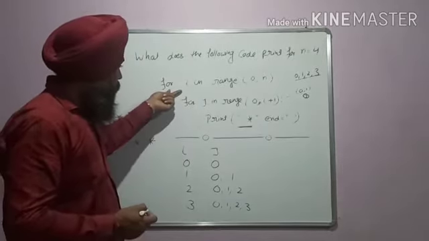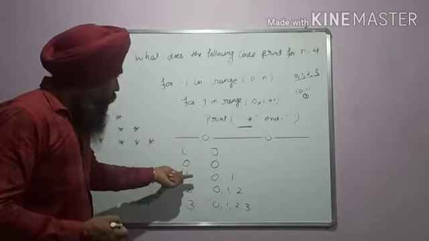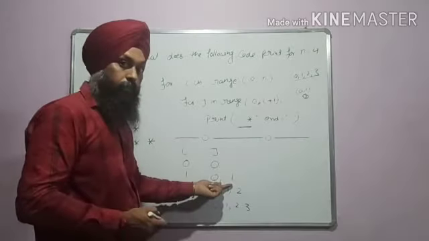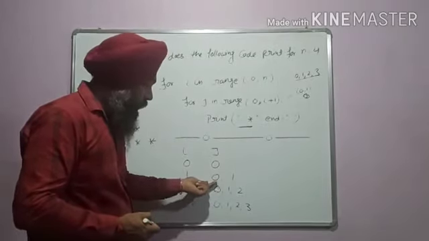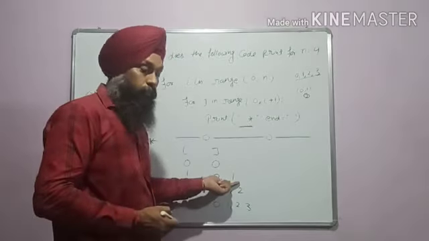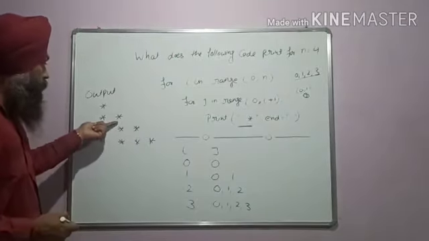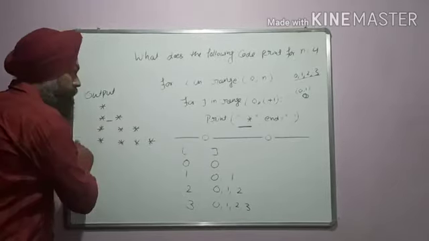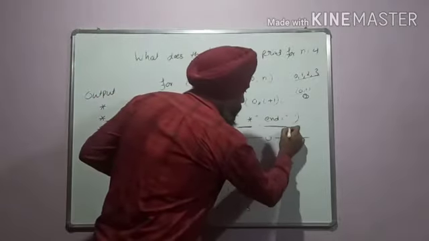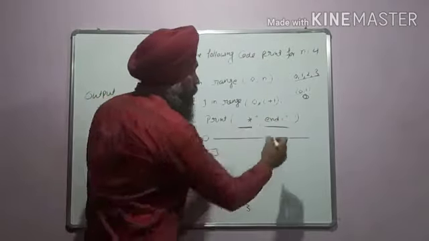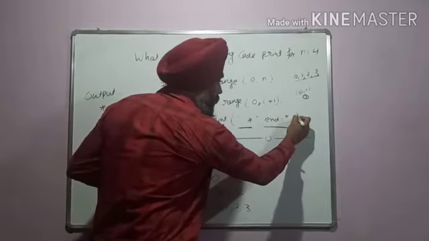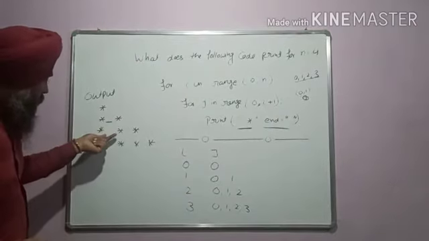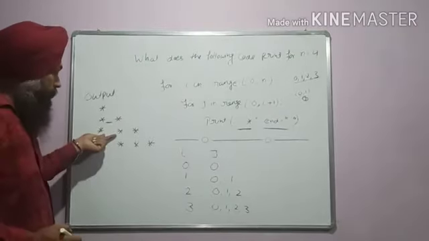For the 1 value of i, the second loop will execute 2 times, for the value 0 and the second time for the value 1, and here we will get two stars. These stars are separated by a space because we have written end equal to double quotes with a space, so there is a space between the stars.